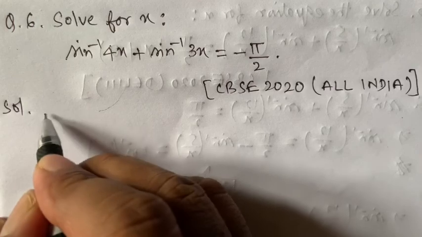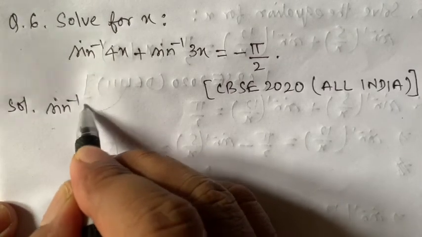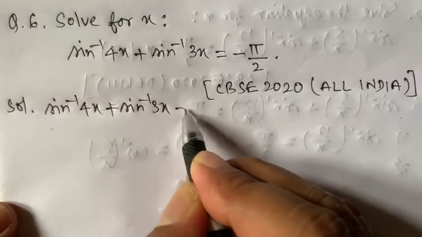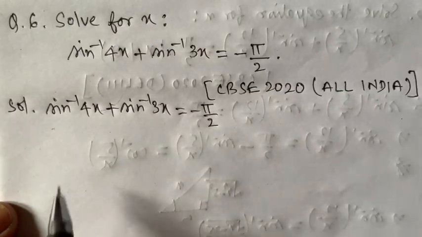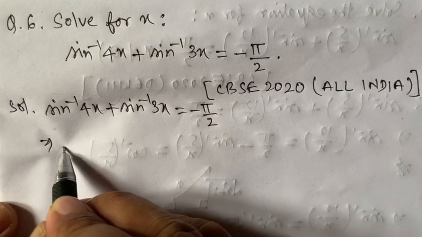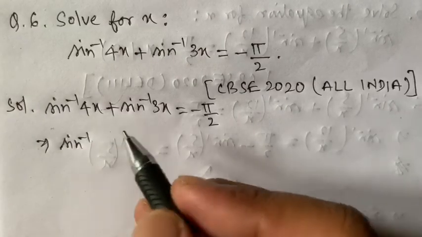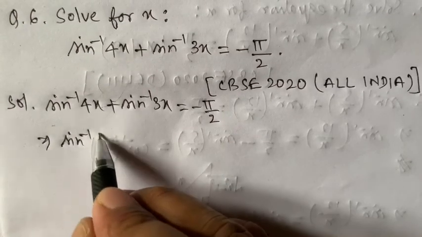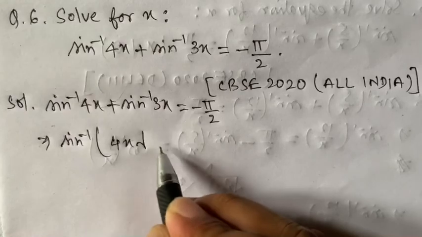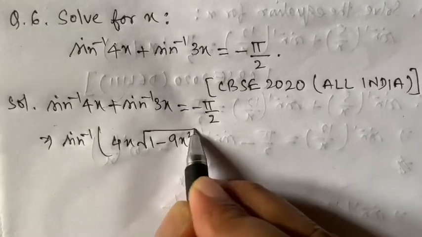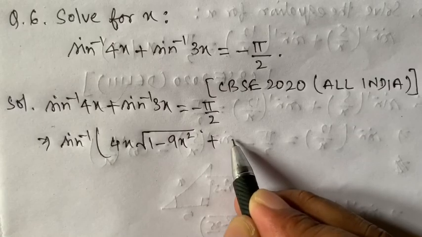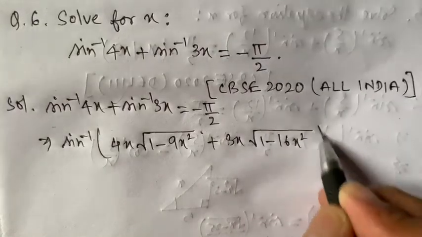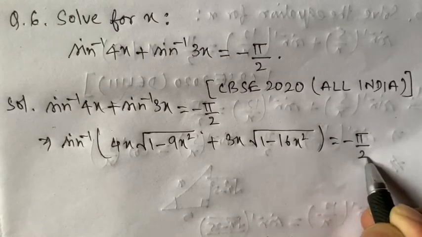We will take the given equation: sine inverse of 4x plus sine inverse of 3x is equal to minus pi by 2. Now if we apply the formula, it will be sine inverse of 4x root under 1 minus 9x square plus 3x root under 1 minus 16x square equal to minus pi by 2.